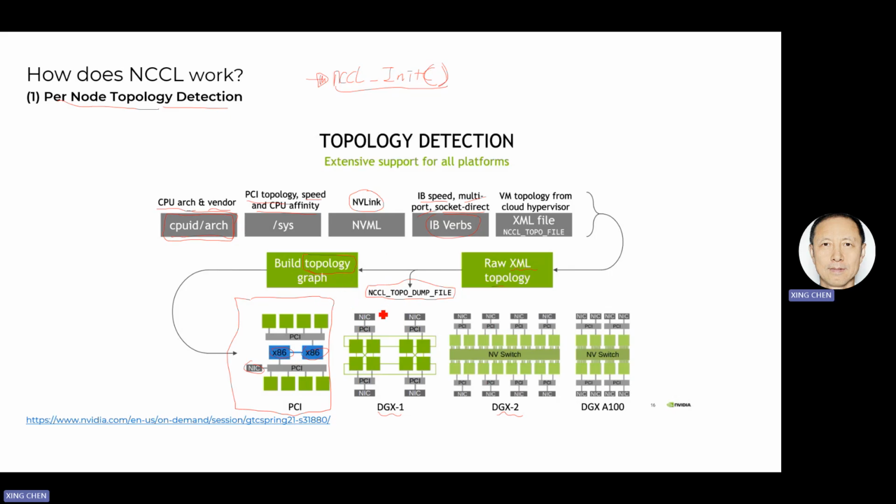So the library needs to build up the topology graph for each node. For the DGX1 node, for example, you have 8 GPUs, two GPUs sharing one PCIe switch, and a NIC shared by the two GPUs. And this is the topology built up by the NCCL library.